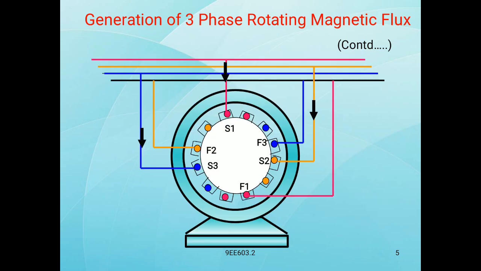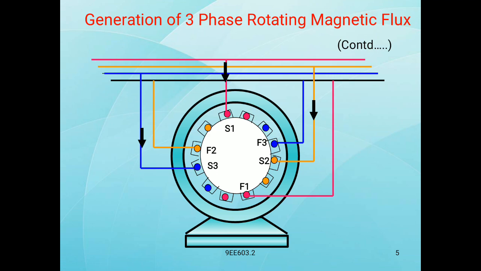Here this is the sequence of generation of three phase rotating magnetic flux. Here they are showing the directions, and the phases are given as red, blue and yellow. This is the stator, and in the stator slots the winding is wound.